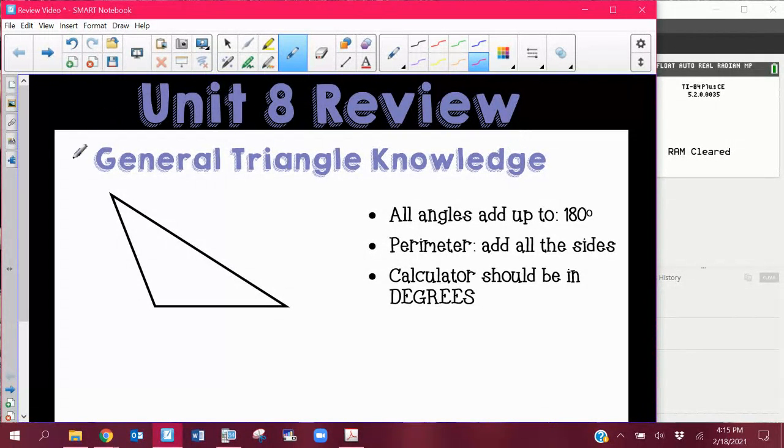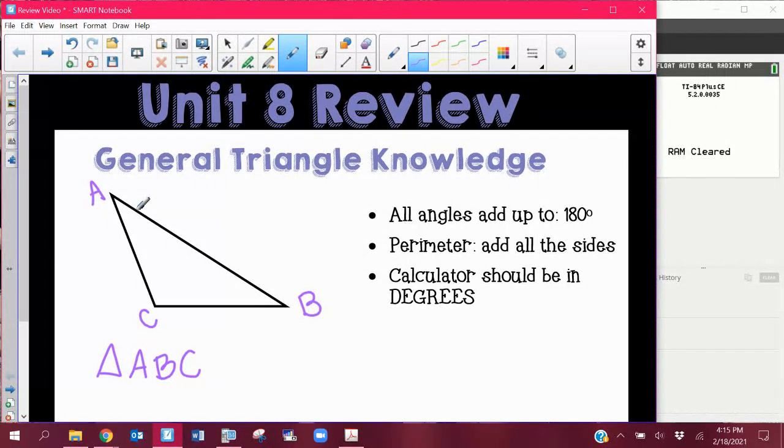And let's talk a little bit briefly about some general triangle knowledge you should have before you even get into those law of sines and cosines. The first thing is if you're given a triangle, and a lot of times they're going to call these things like triangle ABC, triangle XYZ, triangle CAT, doesn't matter. Whenever you're labeling these, make sure you just pick a spot and you label each of your angles with the uppercase letter that corresponds.